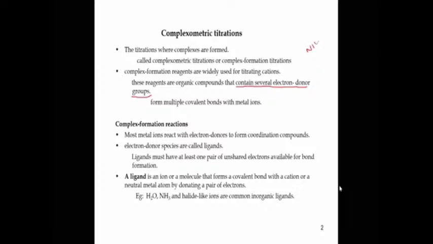This is a part of the complex formation reagent, and you know the nitrogen has unpaired electrons, right? These are also what we call lone pair electrons, right?